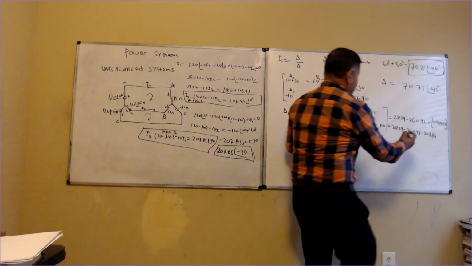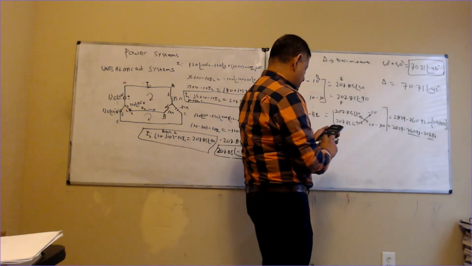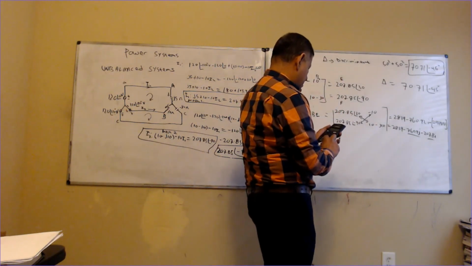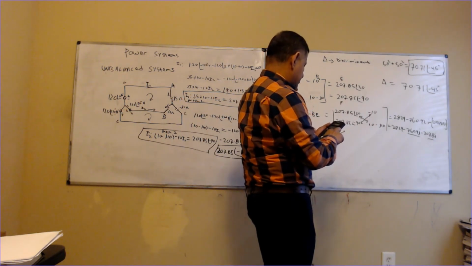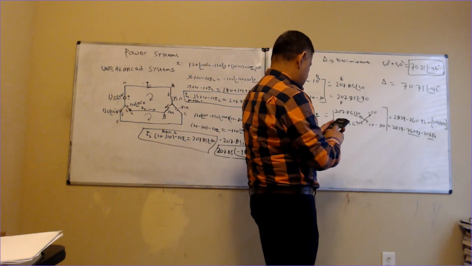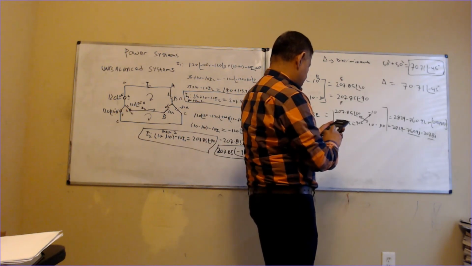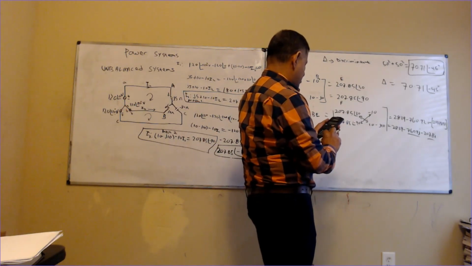When I add these two, I add 27.8 plus 760, right?